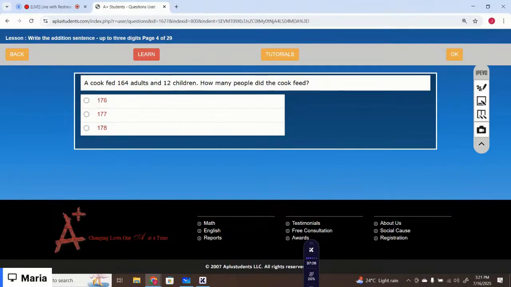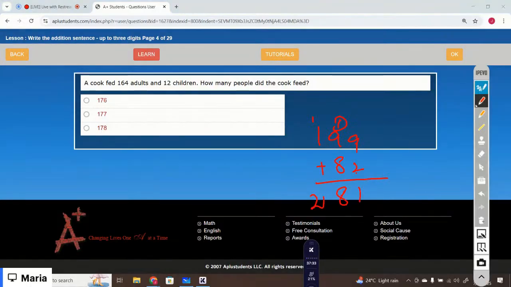A group fed 164 adults and 12 children. How many people did the group feed? So you need to add. That is 164 plus 12. 4 plus 2 makes 6. 6 plus 1 makes 7 and 1.